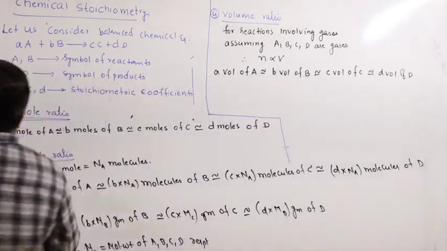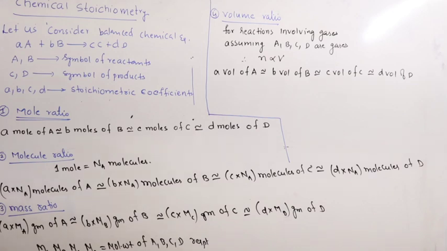So, from the balanced chemical equation, now we have studied how to write the mole ratio. The stoichiometric coefficient itself represents the mole ratio. Once you know mole, you can convert into molecule, you can convert into mass, you can convert into volume, provided they are gases.